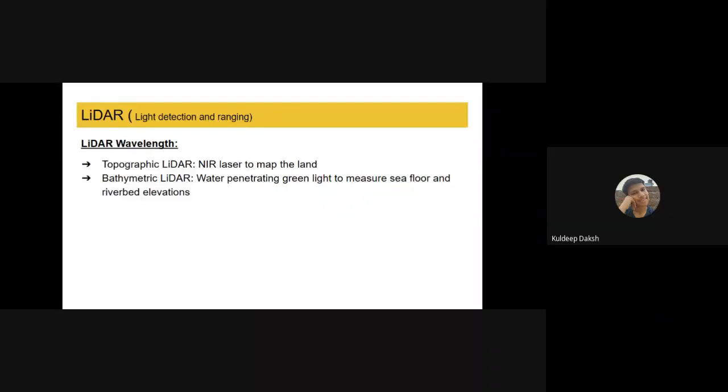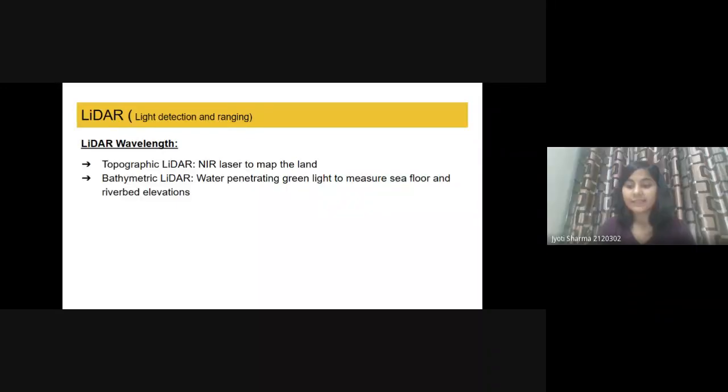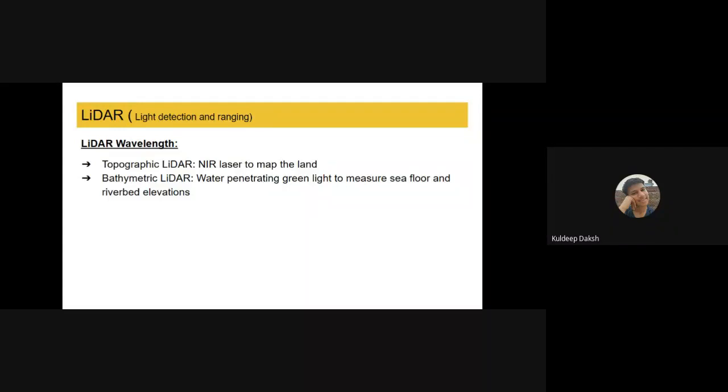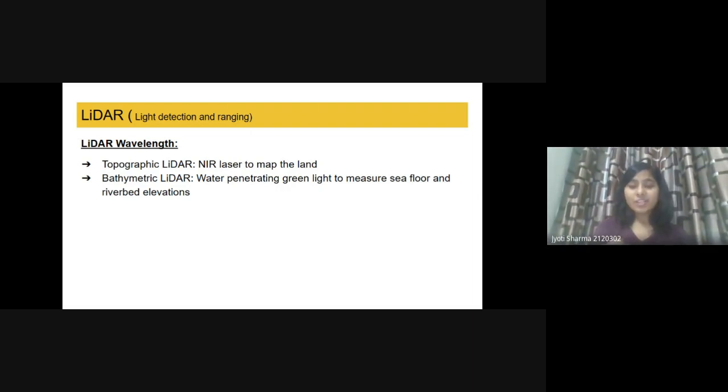Yes, exactly, ma'am. We can say LiDAR is latest or better. Yes, lidar has many applications, and lidar and radar or sonar have different properties.